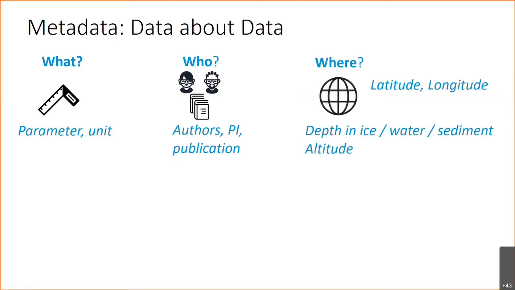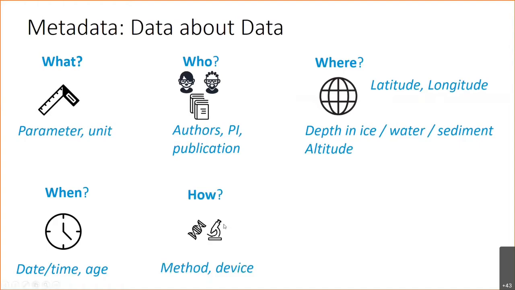Where? So all data from the MOSAIC project come from somewhere on the Earth. So we describe this by georeferencing, latitude, longitude, and ideally we are also interested in the third dimension, depth in ice or water or sediment, or if it was in the atmosphere, altitude. When? That means date and time stamp, or age when it comes to, for example, sediment cores or ice cores.